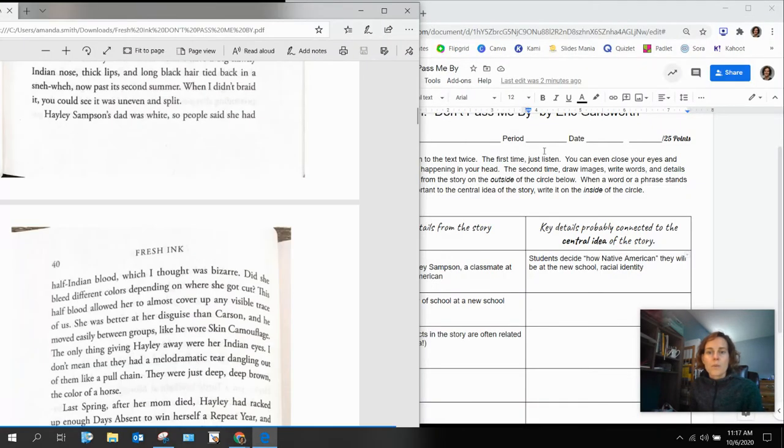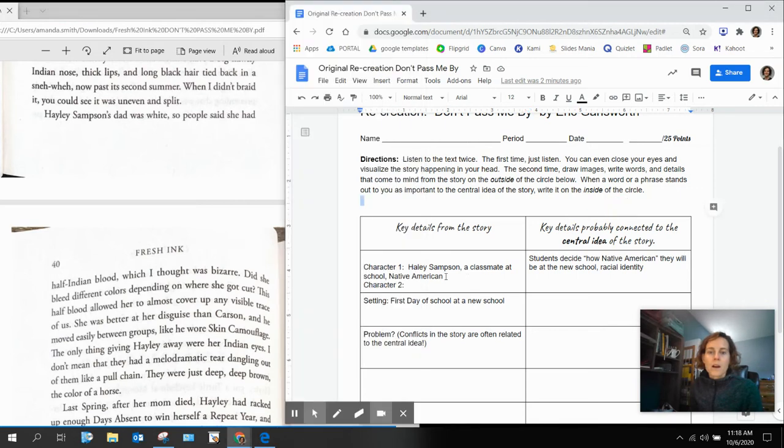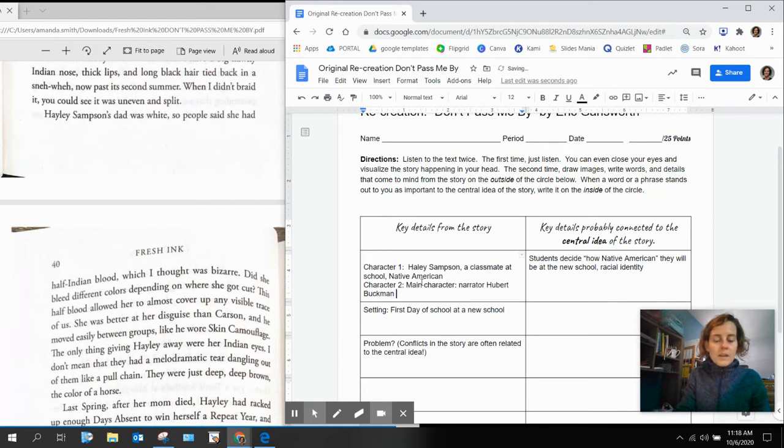Okay, so there's more people that we've met here. Main character, the narrator, they call him Huey here, but his name is Hubert Buckman. He is Native American.